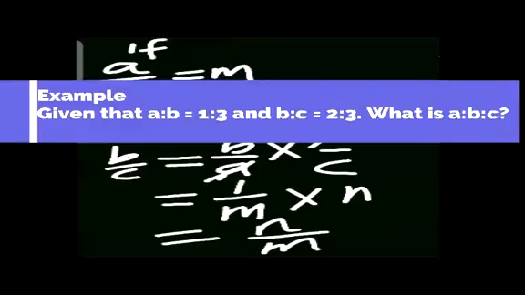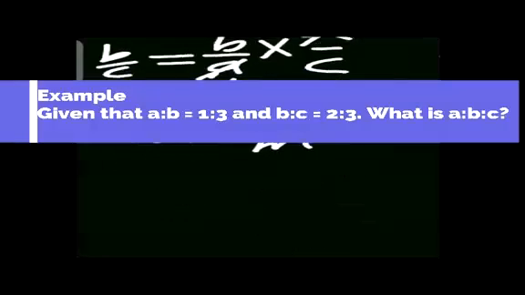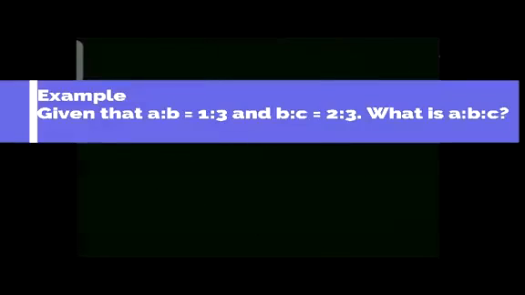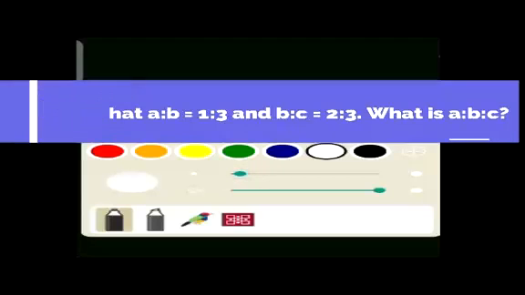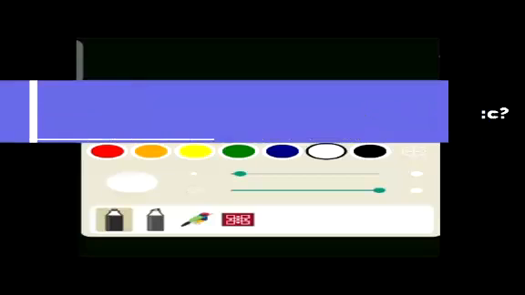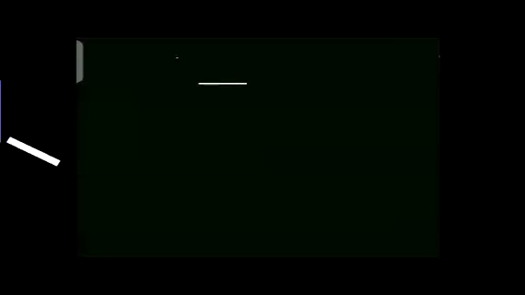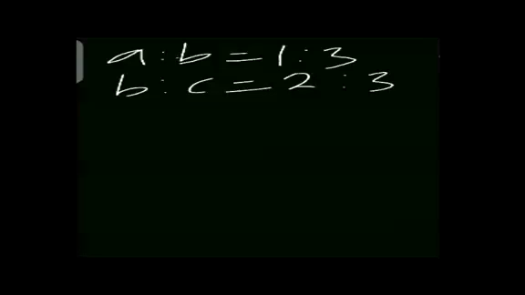The example says, given that A ratio B equals 1 ratio 3 and B ratio C equals 2 ratio 3, what is A ratio B ratio C?